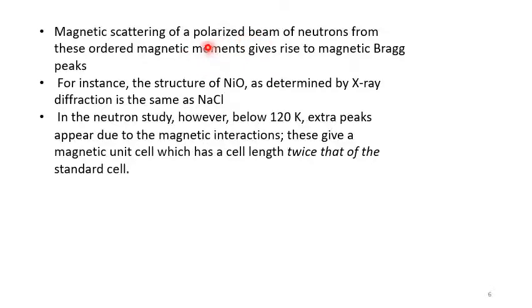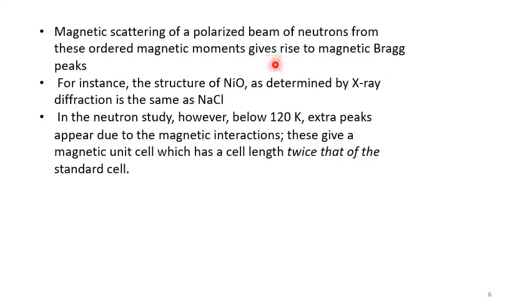So magnetic scattering of this polarized beam of neutrons from these ordered magnetic moments will take place, as we have already studied, due to interaction of the magnetic moment of the neutron with the ordered magnetic moment of the atoms.